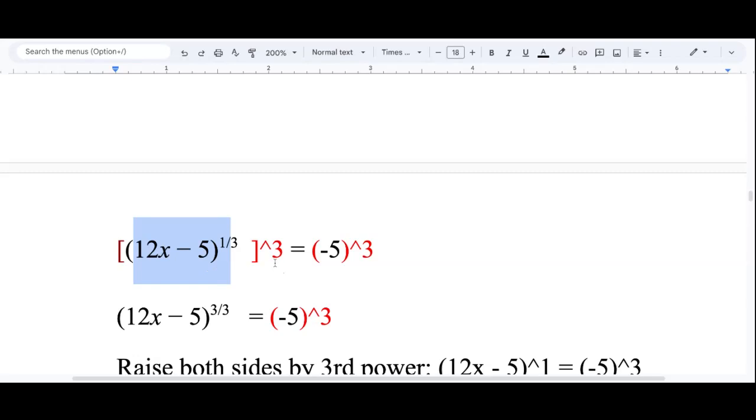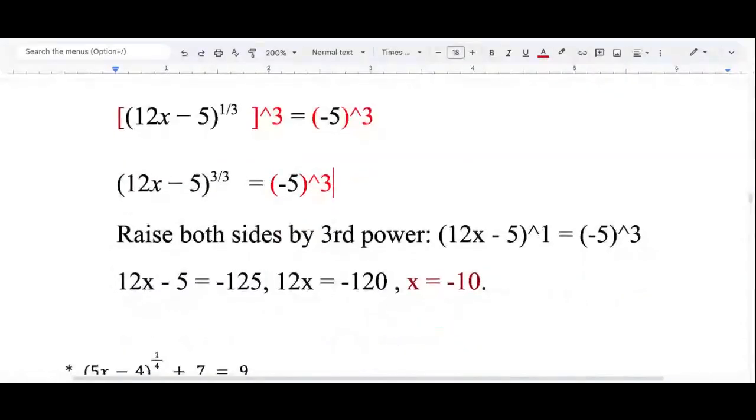We want to raise both sides to the power 3. 3 times 1/3 becomes 1. And negative 5 cubed, that's negative 125. So by doing that, we get 12x minus 5 equals negative 125. So 12x equals negative 120. We add 5 on both sides, right? Then x equals negative 10.